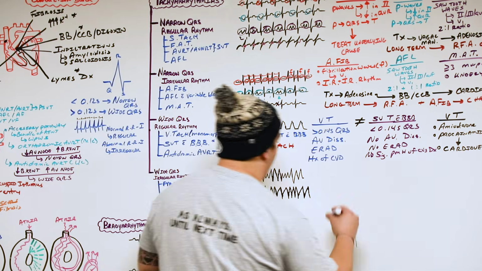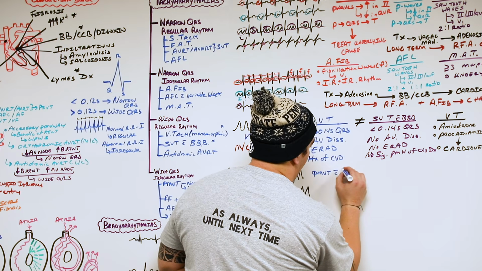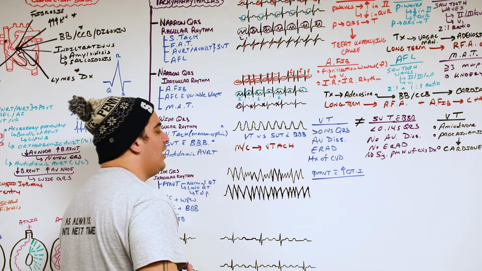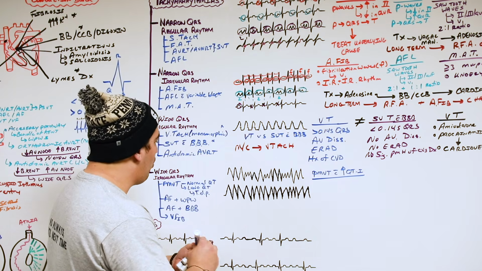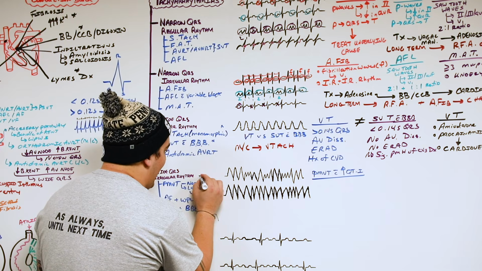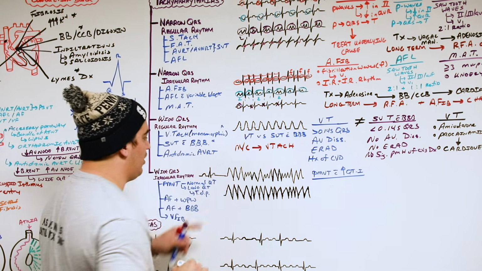If it's polymorphic VTach with a long QT interval, how do I determine that? Again, usually beforehand, before they even went into this type of rhythm, they had some type of identifiable rhythm that you could have looked at.